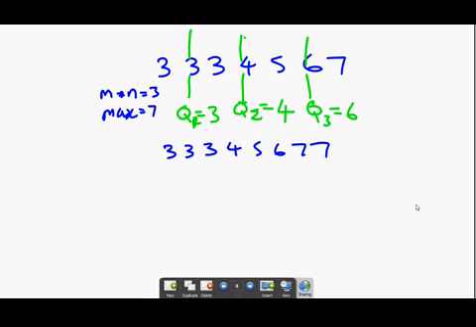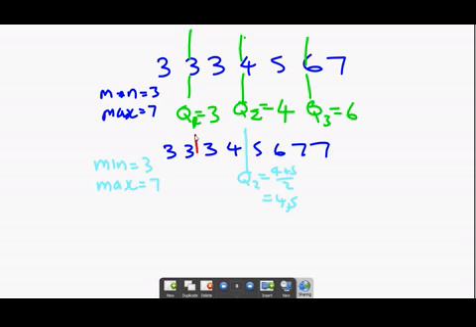So here now we want quartile number 2. The minimum is still 3. Maximum is still 7. But now, do you see that quartile number 2 is dividing through, it's 4 plus 5 divided by 2, which is 4.5. Now, if I want quartile number 1, this half has got 4 numbers.